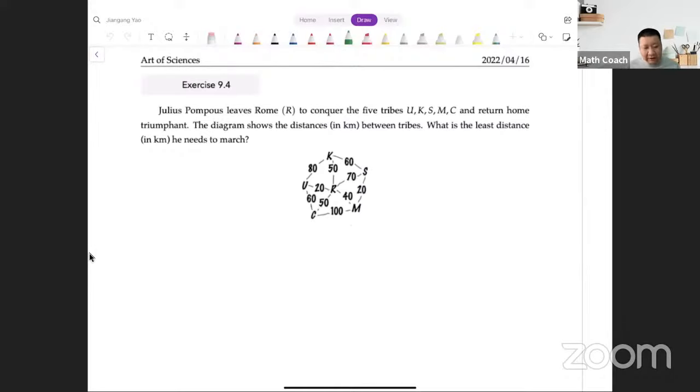What is the least distance he needs to march? 89, go ahead. Sorry, 74, go ahead. And 74, your answer is wrong. And 89, go ahead.